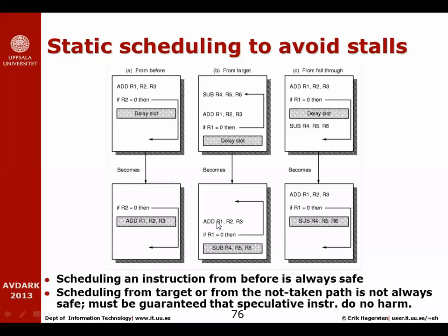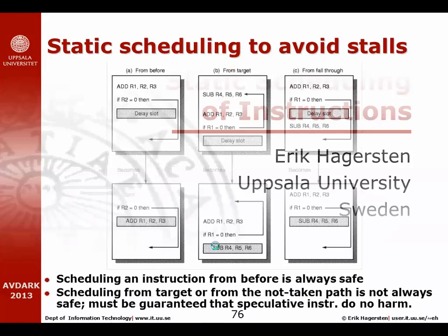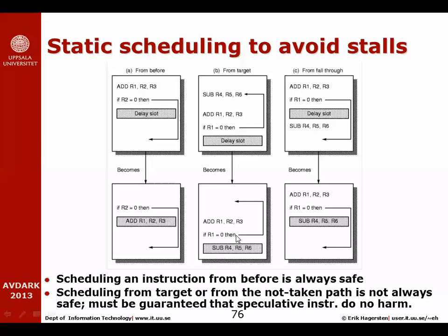So now, when you execute this instruction, followed by this instruction, it takes one cycle before you know whether the branch is going to be taken or not. You execute this instruction, and then you jump up here, and now you already did the work you're supposed to do with that instruction, and you can instead do the next instruction in sequence up here.